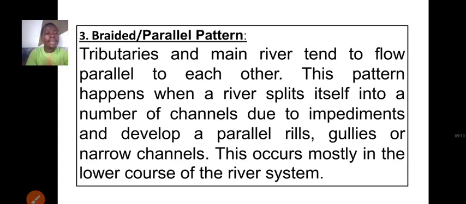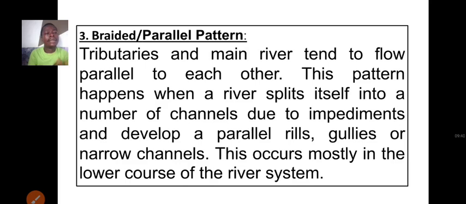Normally it develops those things, like the distributaries at the lower course of a river. You could see that the river will develop different channels before it joins the sea or a lake or a bigger river. At that place, because the volume of the water reduces, it begins to deposit sediment and other materials, and it can create gullies and rills, which will cause the river to separate itself and create different channels.